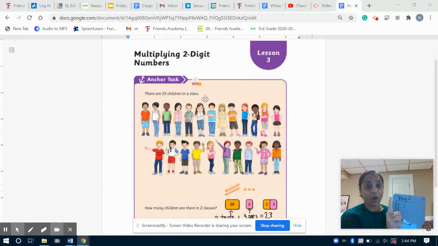That shows one class, and then another 23. And what you may have done is added all the 10s first. How many 10s do we have? Let's count them. We have 20 here and 20. So you may have done 20 plus 20, which is 40. You may have even just done 10, 20, 30, 40.